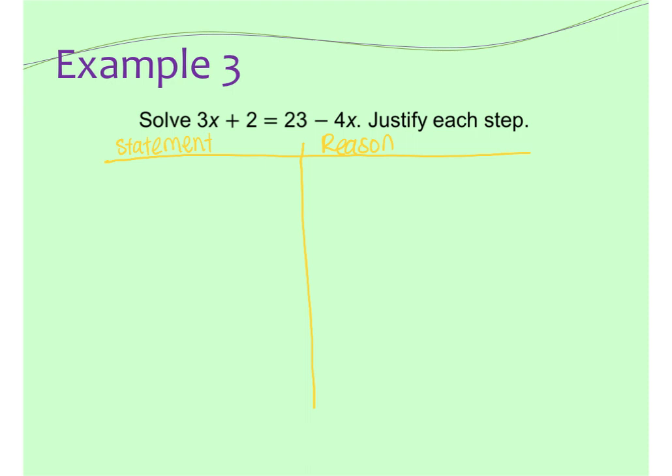So for the first one, we're just going to rewrite what's given. So it's 3x plus 2 equals 23 minus 4x. This is what's given. Now, the first step that we should do is add 4x to both sides, and that would be using the addition property.